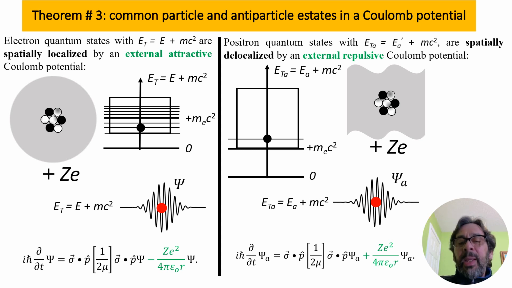These are the common positron quantum states, and they are solutions of the Pauli-like PPGP equation for the antiparticle. If you compare the two equations, the only difference is that in one, the Coulomb potential is attractive. This means it has a minus sign in the equation. And in the other one, the Coulomb potential is repulsive. This means it has a plus sign in the equation.